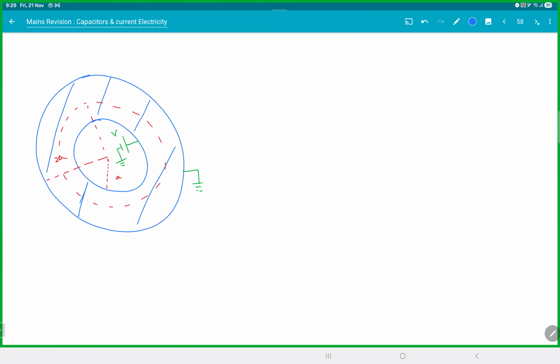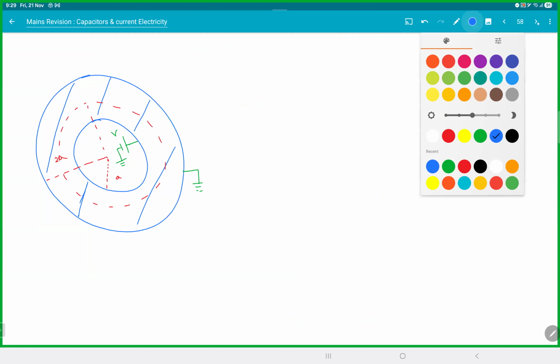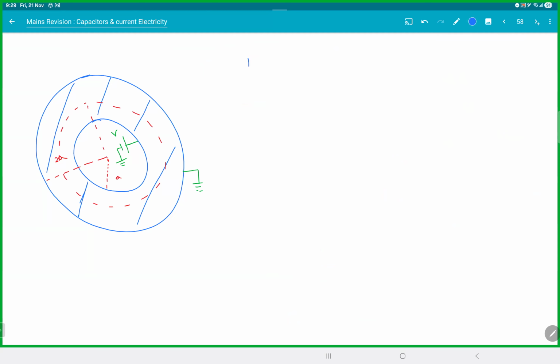Let's see. So take a thin shell. What will be the resistance of the thin shell? Rho, which is rho naught r, length, that will be dr. I hope you remember what rho L by A is, and what L and A are. Don't just say length and don't just say area.